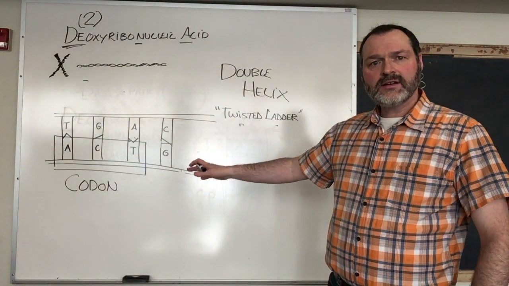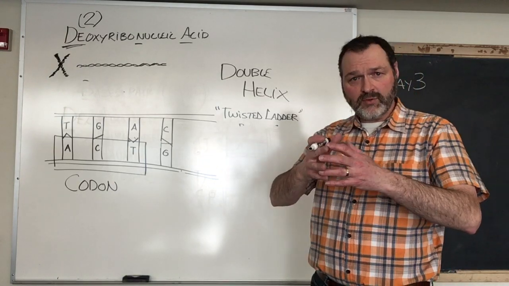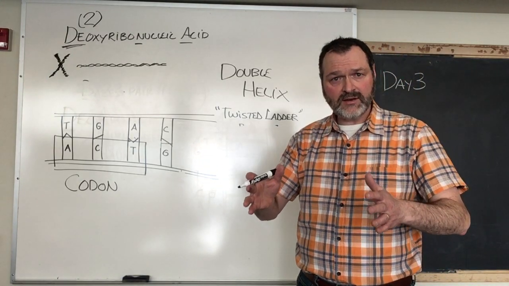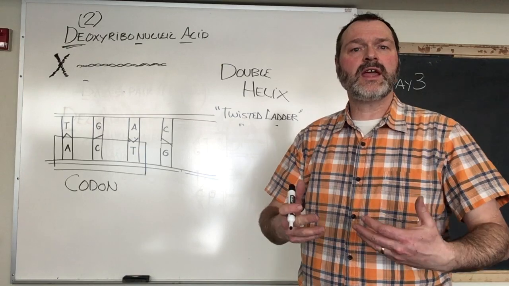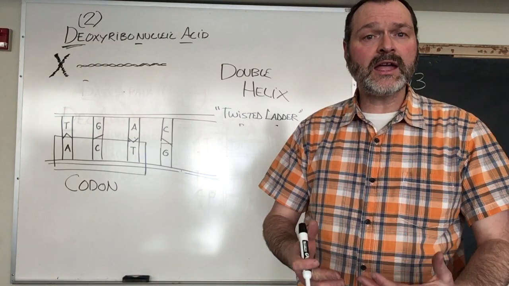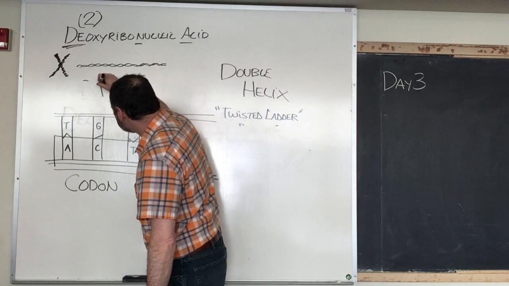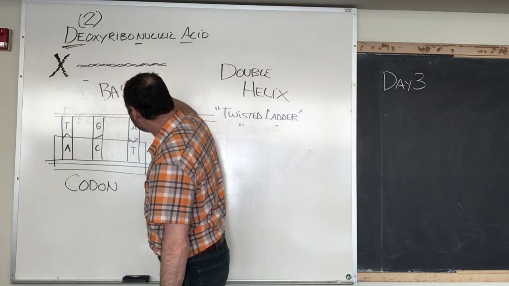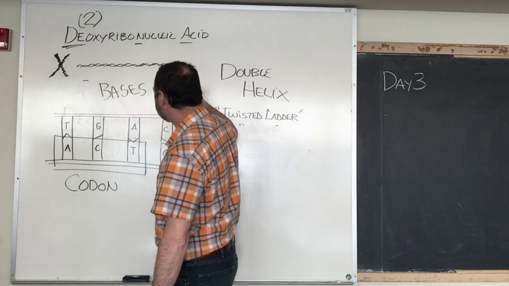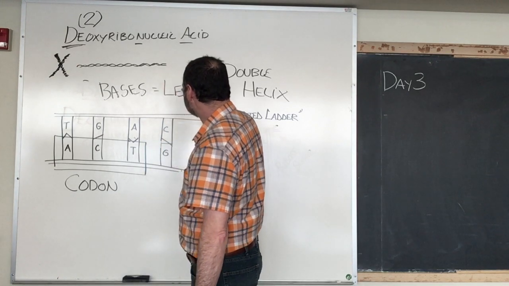Codons are one of the most important units of DNA. If we compare DNA to a language, we might think of the bases as being like letters.